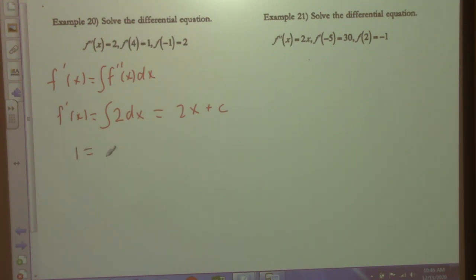So 1 is equal to 2 times 4 plus c. And so solving for c is going to be equal to -7. Does that look right? Now we know as a particular solution f prime of x is equal to 2x minus 7.